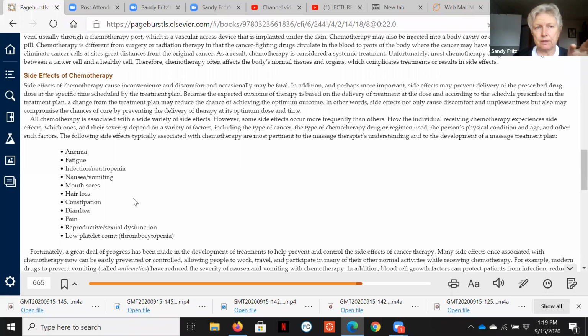Even if the cancer process is controlled, there can be secondary problems, and neuropathy is very hard to control. And massage is not necessarily very good at helping that either, because we're stimulating nerve endings that are already not functioning very well.